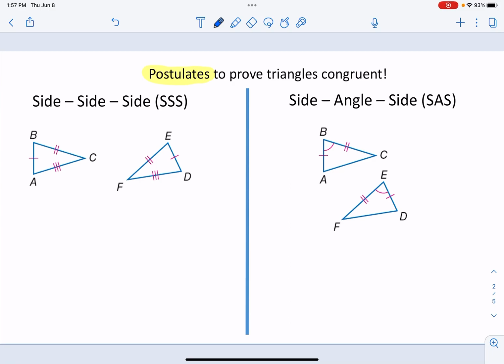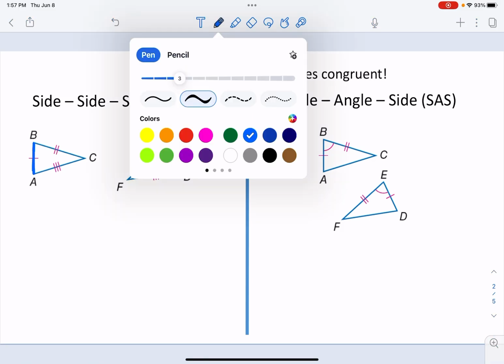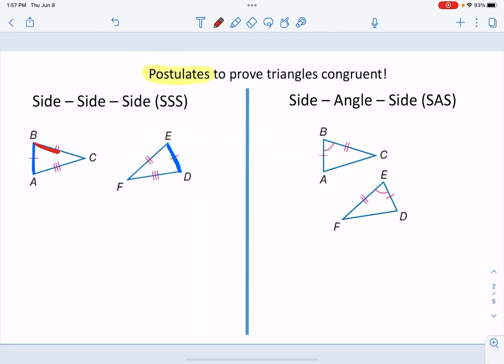So side, side, side. If one side of one triangle is congruent to a side in the other triangle, and another side is congruent, and then the third sides are congruent, then we know that those triangles are congruent.